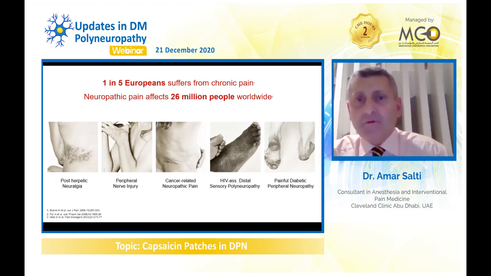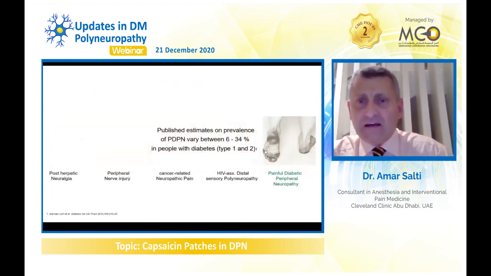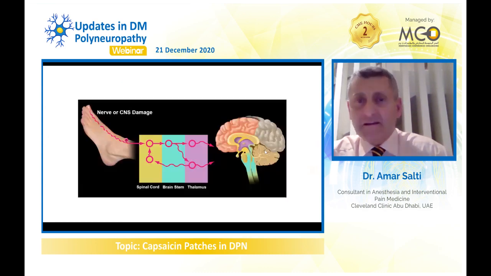Neuropathic pain affects more than 26 million people worldwide, and 60% of neuropathic pain is localized, and this is where capsaicin is really indicated. For painful diabetic polyneuropathy, which can reach 34% of diabetic patients, capsaicin can play a role, and it is within the recommendations and guidelines.